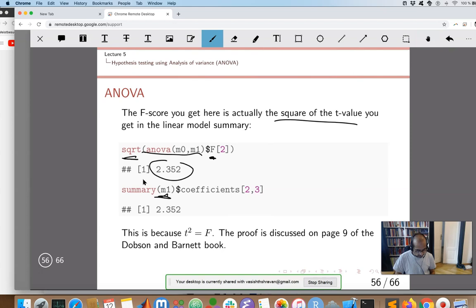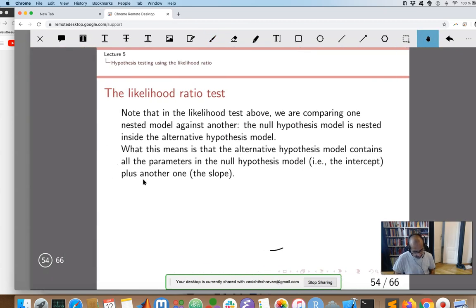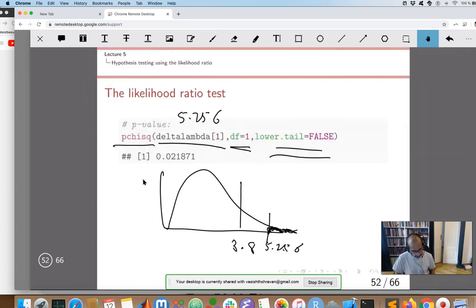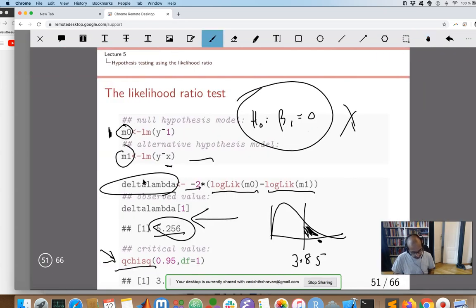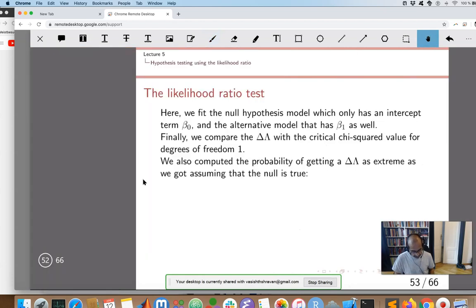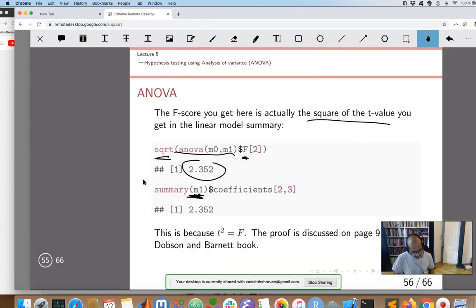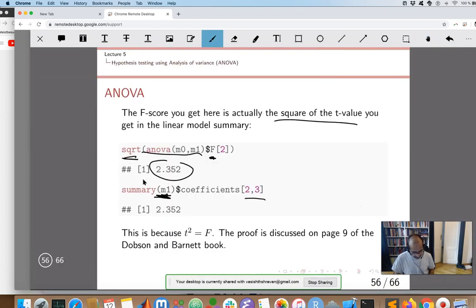But if I fit the linear model M1, which one was that? Let me show you. This model here, when I fit this model and I print out the summary of that model, and I look at the coefficients table, and if I look at the t-value of the slope, it's exactly the same as the square root of the F.